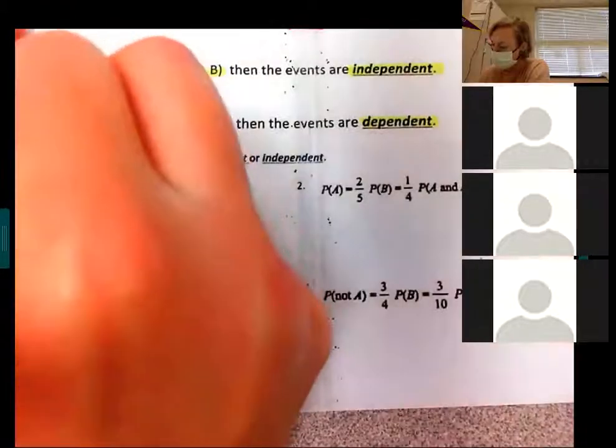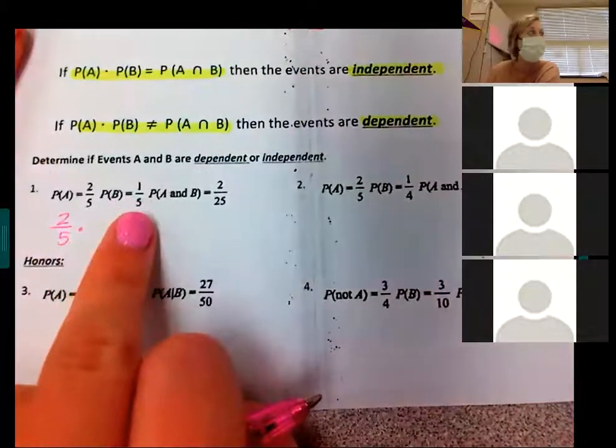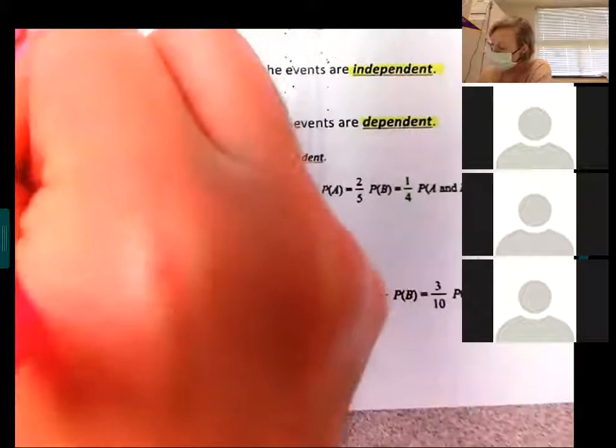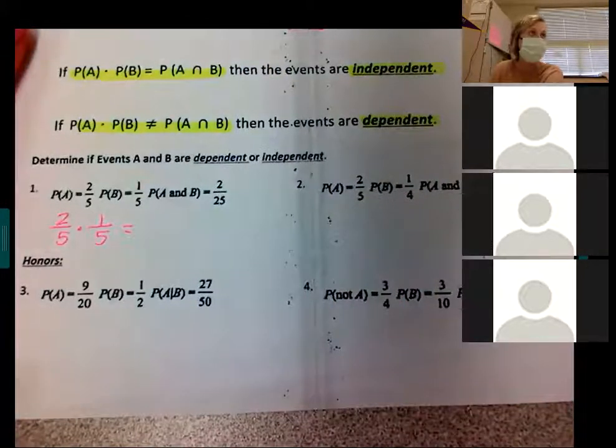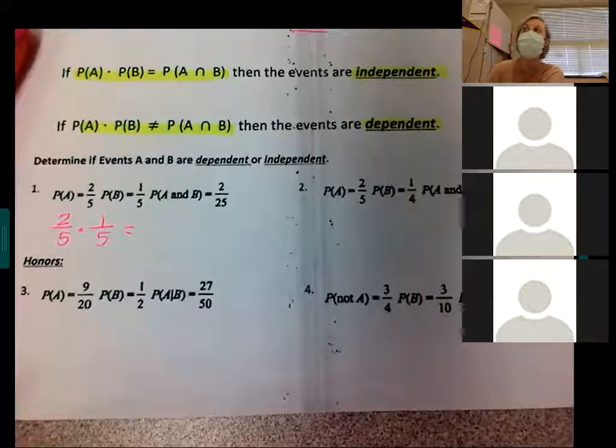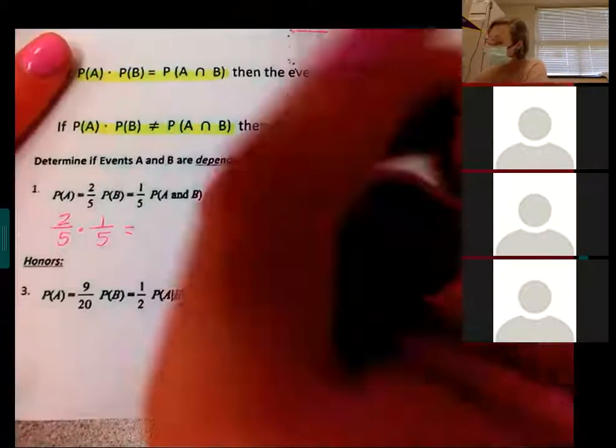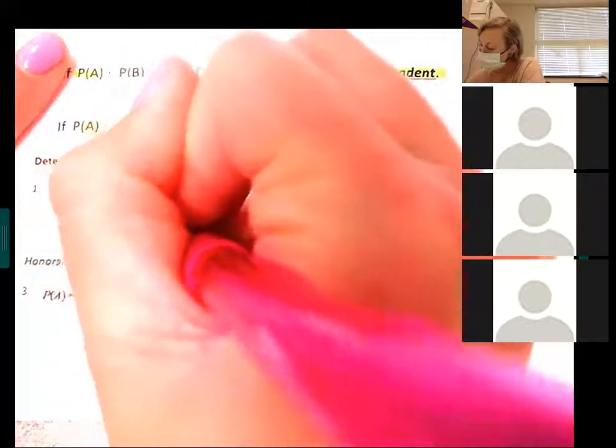I'm going to take A, 2/5, multiply it by the probability of B, which is 1/5, and figure out what that equals. So what is 2/5 times 1/5? 2/25. So Jaden, let me ask you a question.